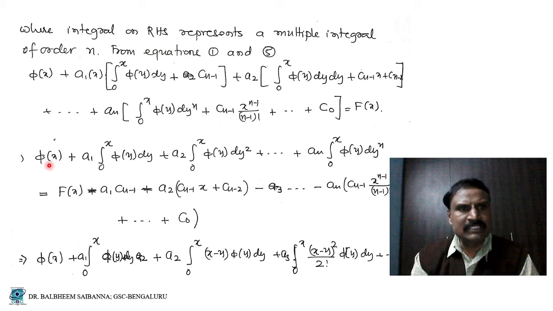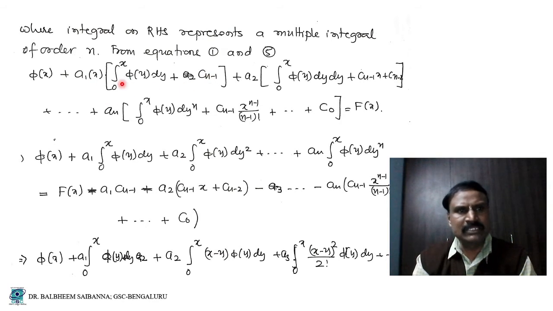Then phi of x as it is plus a1 integral 0 to x of phi of y dy. Here we are writing the integrals all together, plus a2 integral 0 to x of phi of y dy square, plus an integral over the limit 0 to x of phi of y dy to the power of n. The other terms, right hand side f of x, write as it is. So the other term means a1 x is multiplied by c_{n-1}.